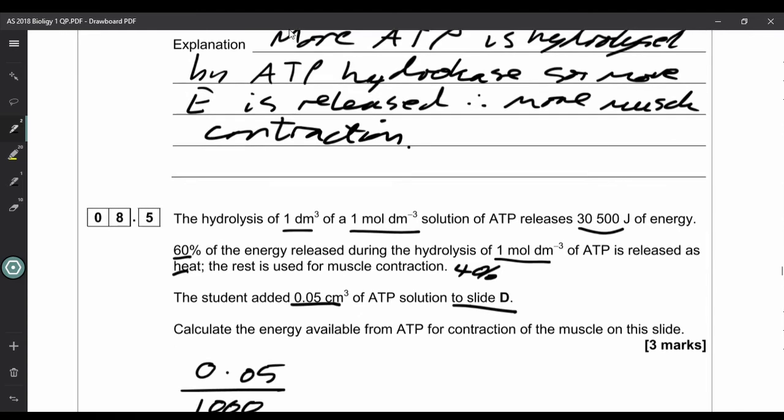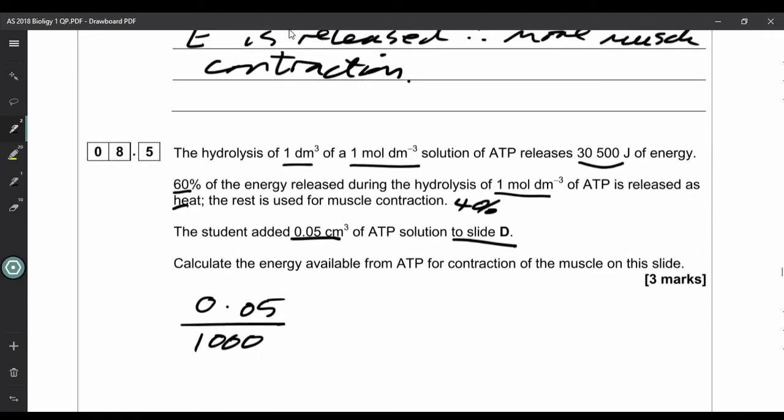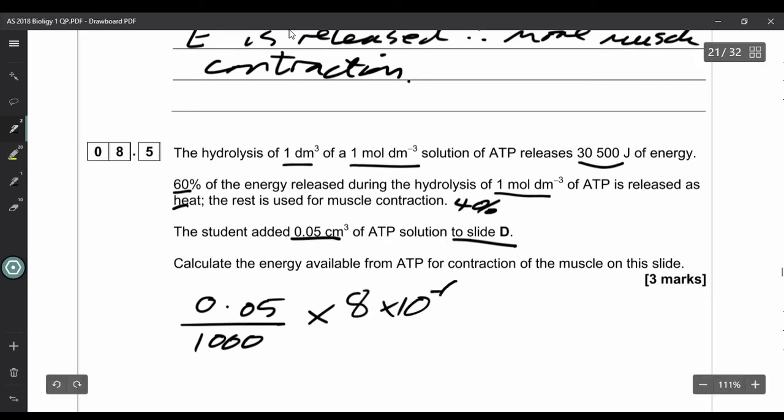So we've worked out the fraction of the volume added compared to the 1 dm cubed. And now we've got to multiply that by the actual concentration of the ATP that we're using. So in this case, it's 8 times 10 to the minus 6.